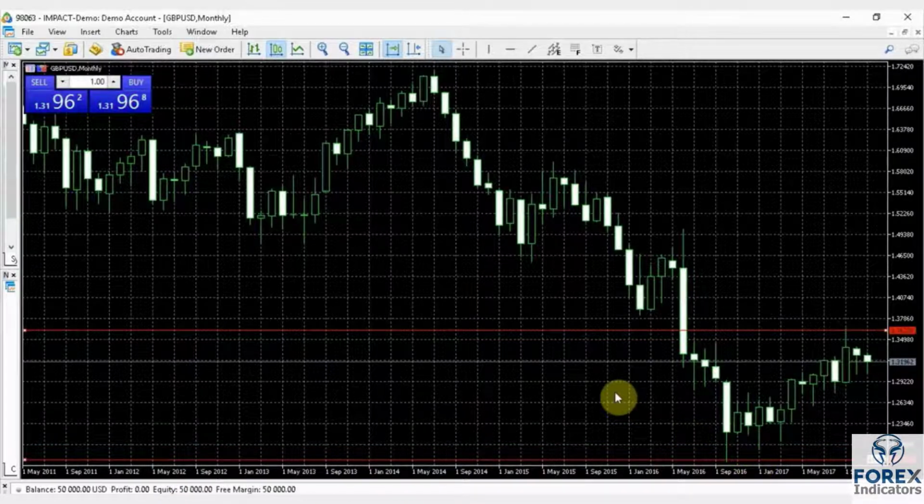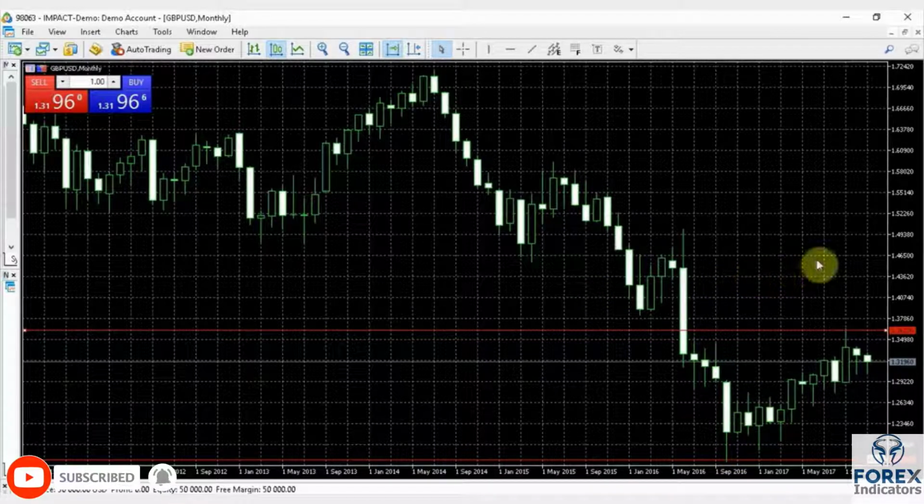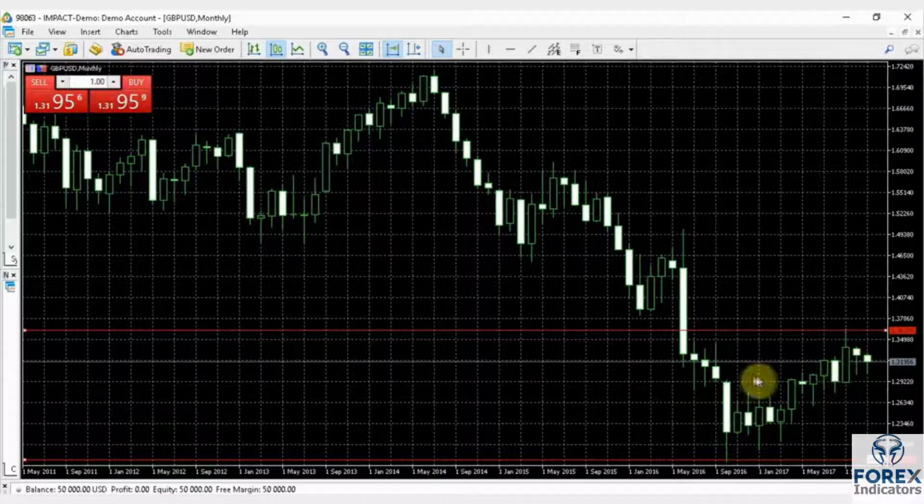There you go. It's the most bottommost part, and these parts are called wicks, guys. Wicks. They indicate the bottommost point or the topmost point. So right, we've drawn the support and resistance for the monthly here. This is the monthly candlestick chart.